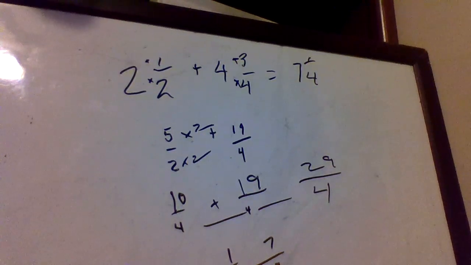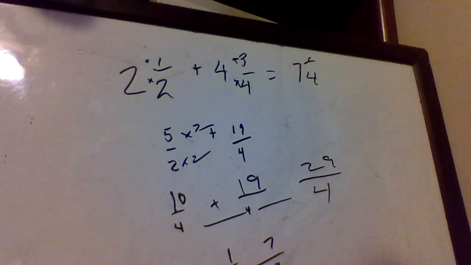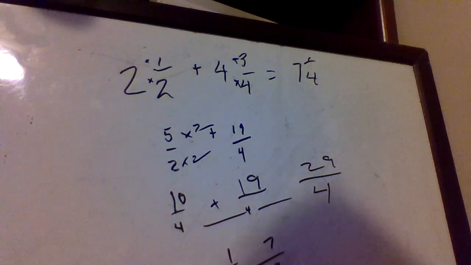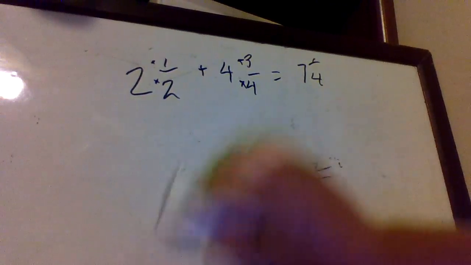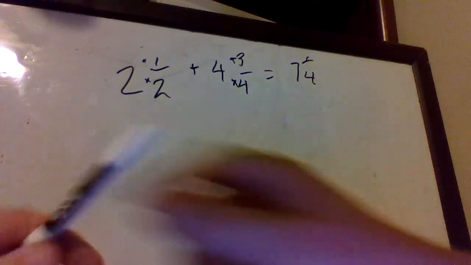Now I'm going to show you another way that I think might be a little bit easier. However, this is the improper fraction method, and it works just fine. But we'll try the other way and see if it works to be the same thing, and see if it's easier for you.